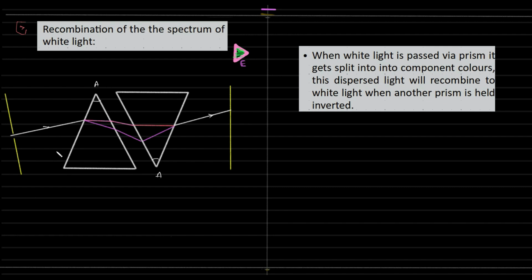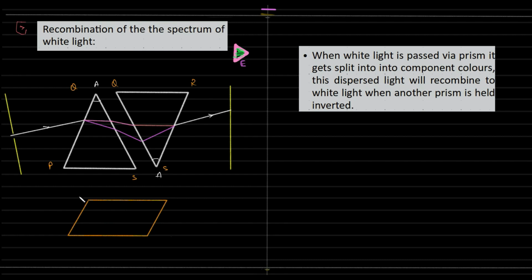If you think about it, if I name this as P, Q, again this is Q, R, S, and this is S again. So we are looking at a prism which is parallelogram in shape.